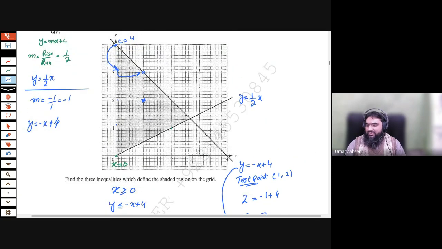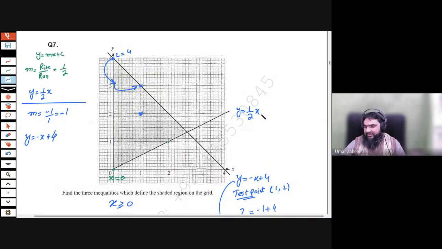Now we have another equation, y is equal to 1 over 2x. Now we have to find the inequality again. Choose the test point. I'm choosing the same test point, 1 comma 2. So substitute it. Y is 2, and for x equal to 1 we get 1 over 2. Do we substitute the less than sign or greater than sign?